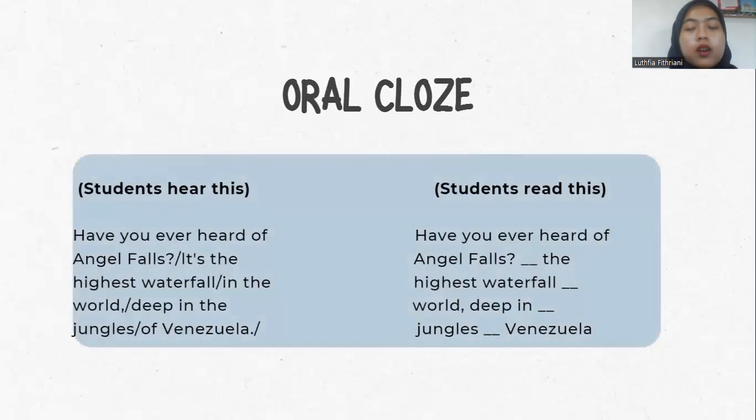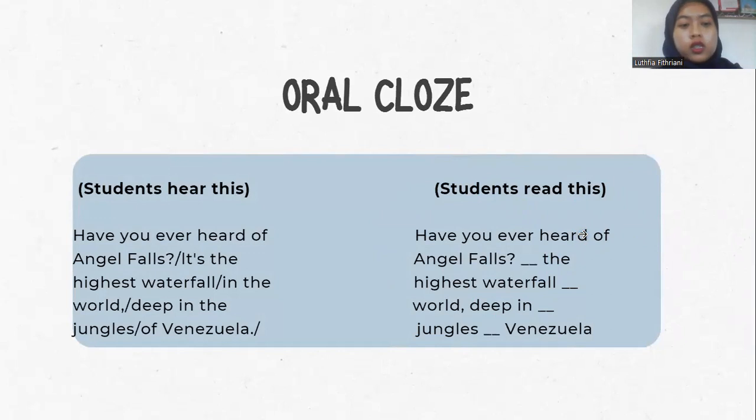The last type of limited response in testing writing is oral clues. What is oral clues? In this test, the students will listen to an audio and they will be given the transcript of the audio with some missing words. The students are required to fill the missing words with the correct answer according to the audio.